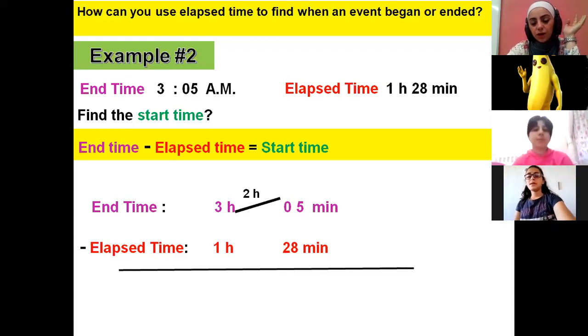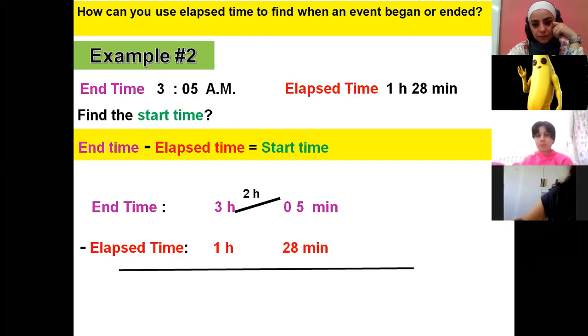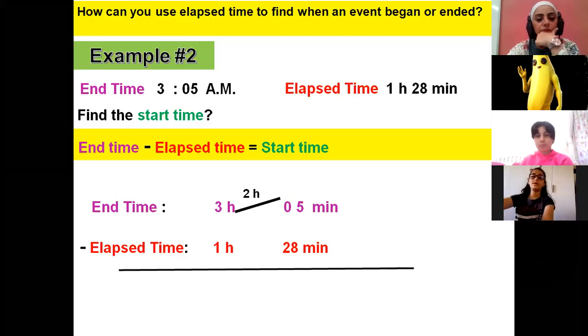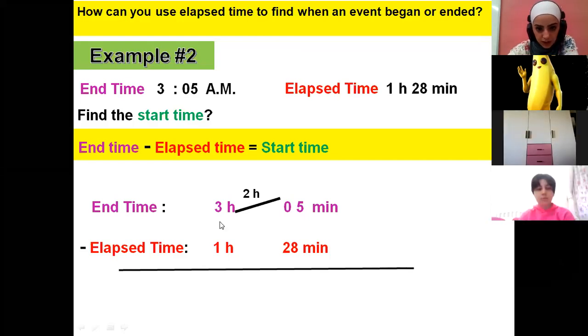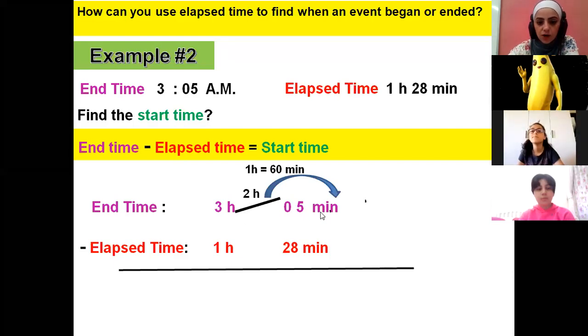How many minutes are in the hour? 60. Excellent, yes. So we took an hour from the 3 hours, so we give it here 60 minutes. So 60 plus 5 is going to be 65 minutes. We can subtract now. What's 65 minus 28?